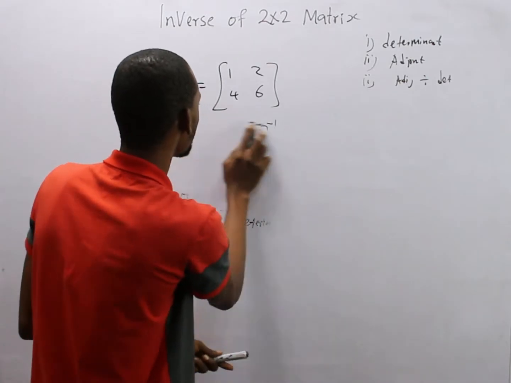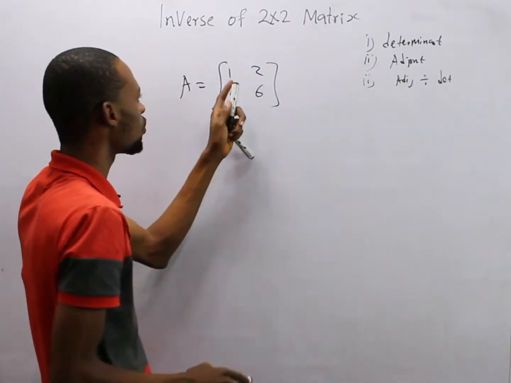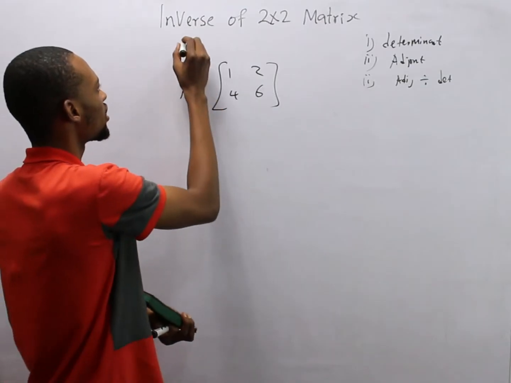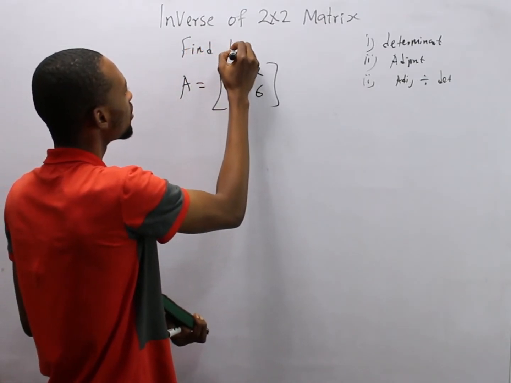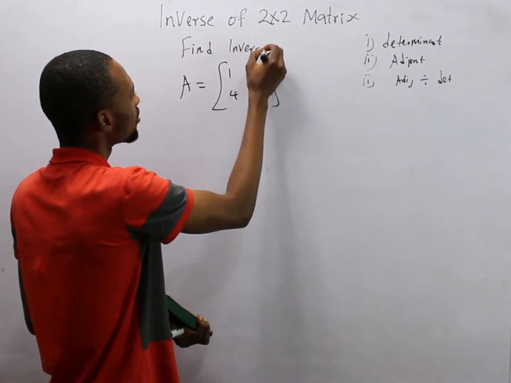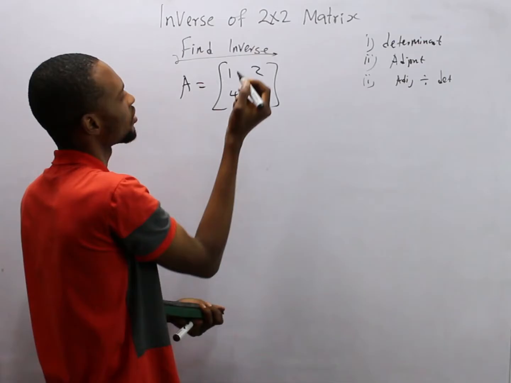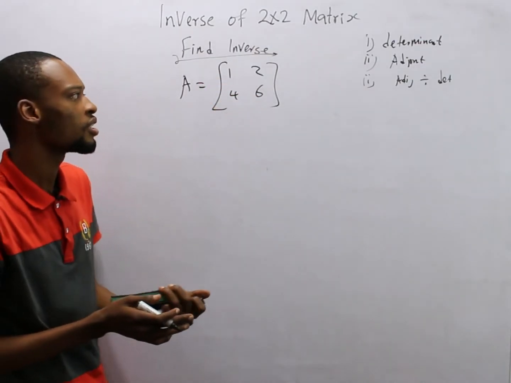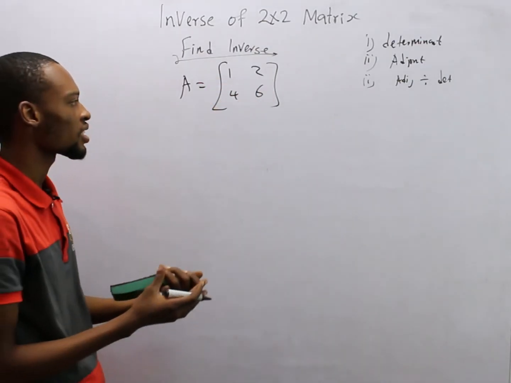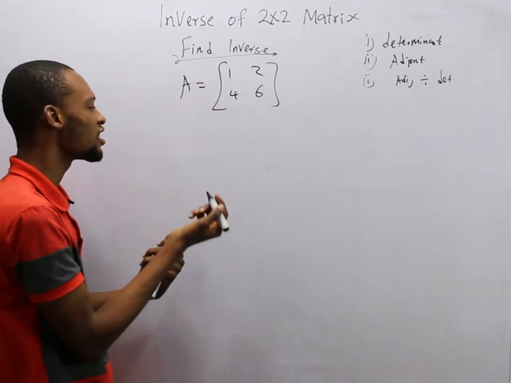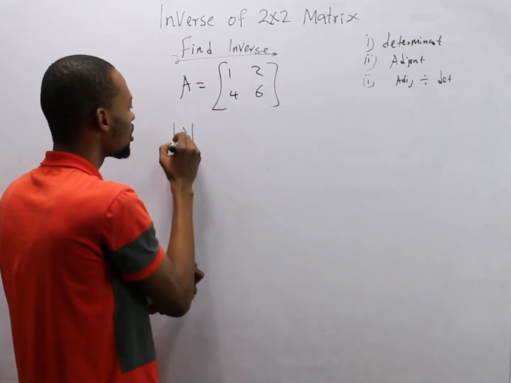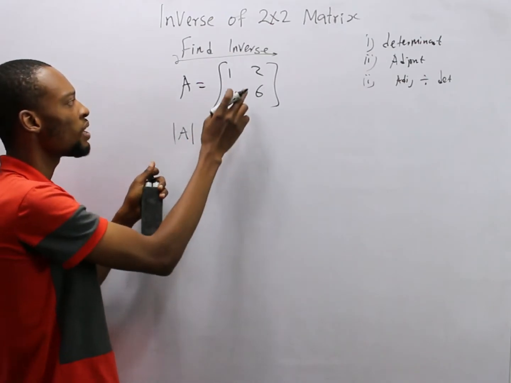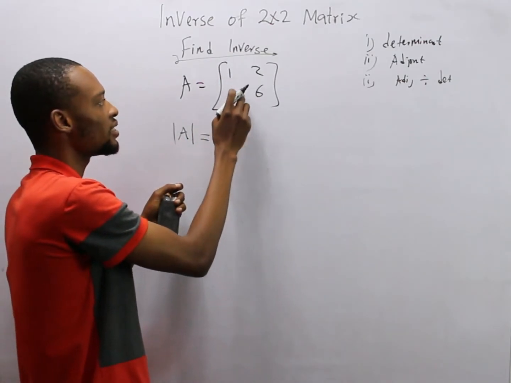Given this matrix, A is 1, 2, 4, 6, and you are asked to find the inverse. Now let's look for the determinant. The determinant of matrix A is written with this symbol, and it is gotten by multiplying this by this and this by this.